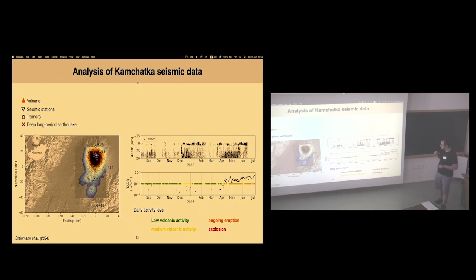And the dots here show the result of the satellite data that they use to calculate the lava discharge rate over time. So you can see that there is an increase of the discharge rate here.